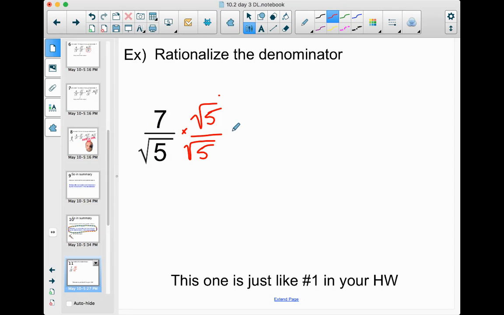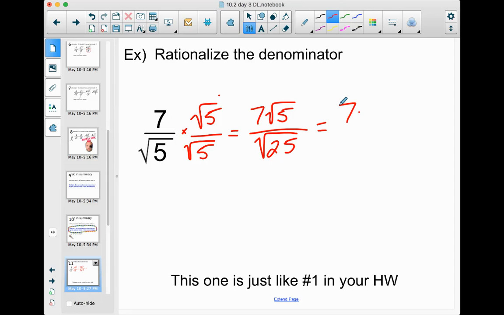All right. So on the top, I can't actually multiply 7 times 5 because one's under a square root and one's not. So I just leave it as 7 square root 5. And down here, I can multiply those together because they're both underneath a square root. So I get square root of 25.